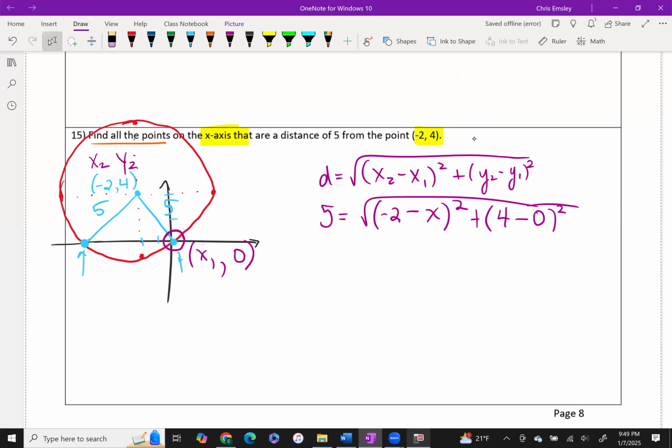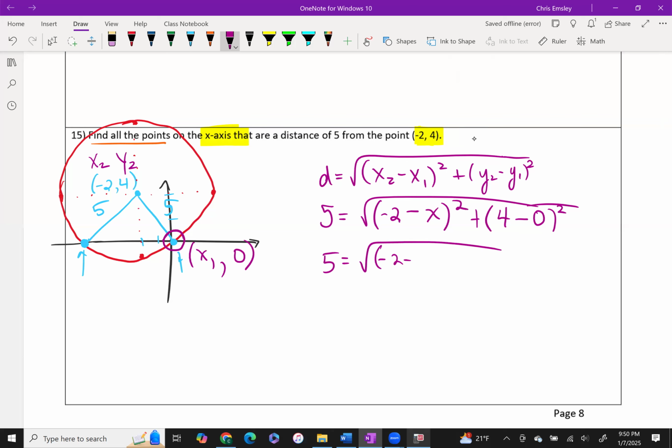First thing I want to do is simplify inside what I can. I'm going to leave this part alone for a minute, but this I can simplify. 4 minus 0 is 4, and I square it, that is 16. Then the next thing I want to do is, I don't like that radical. I want to get rid of it.